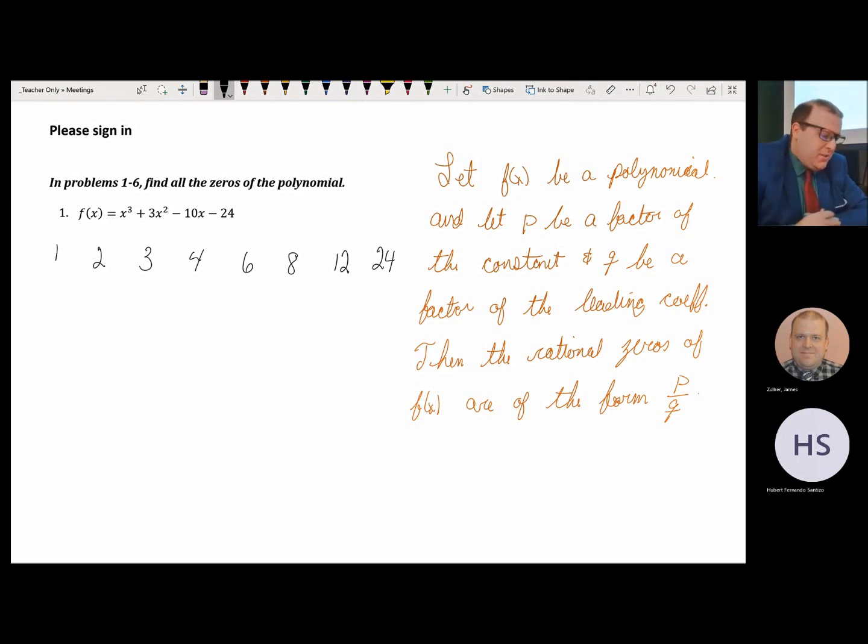Since technically it is minus 24, you have positive 1 times negative 24. There's a list of all the possible rational zeros. Just because it's in this list doesn't mean it is a zero. It's just that if we're going to have any rational zeros, it's going to be one of those up there.